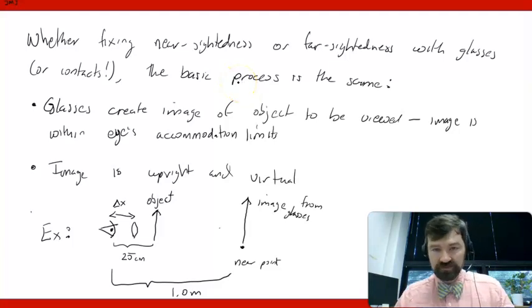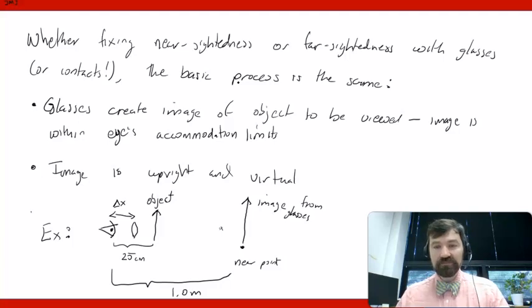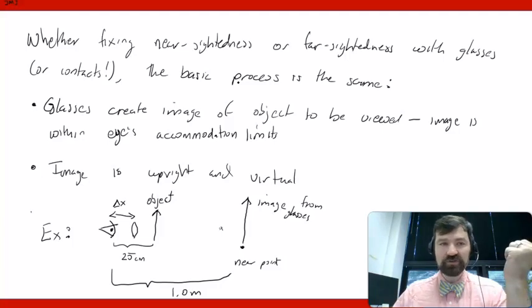If you have this lens and it has a focal point, say out here somewhere, any object between the lens and the focal point will form a virtual image, which is fine. You have an upright virtual image. But if you have an object that's farther away than the focal point, then that object will form a real image, which means that the image is being formed on this side of the lens. And so essentially you'd have an upside down image.